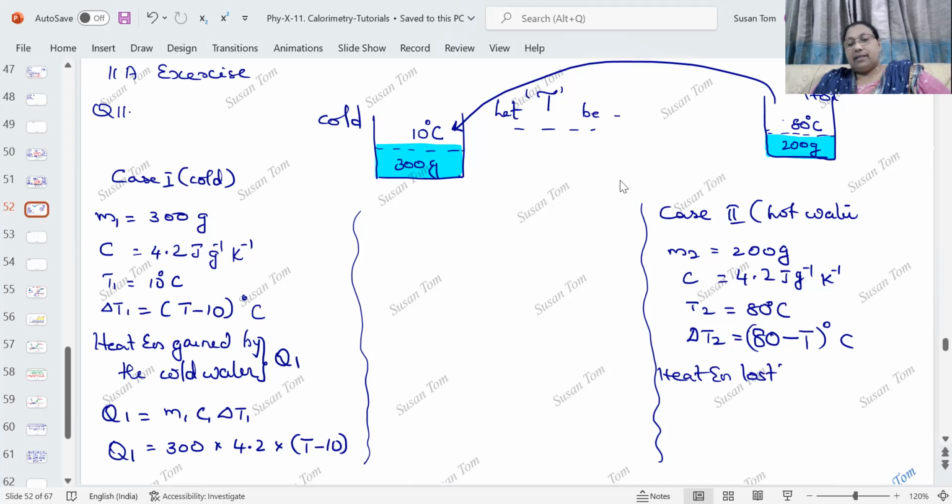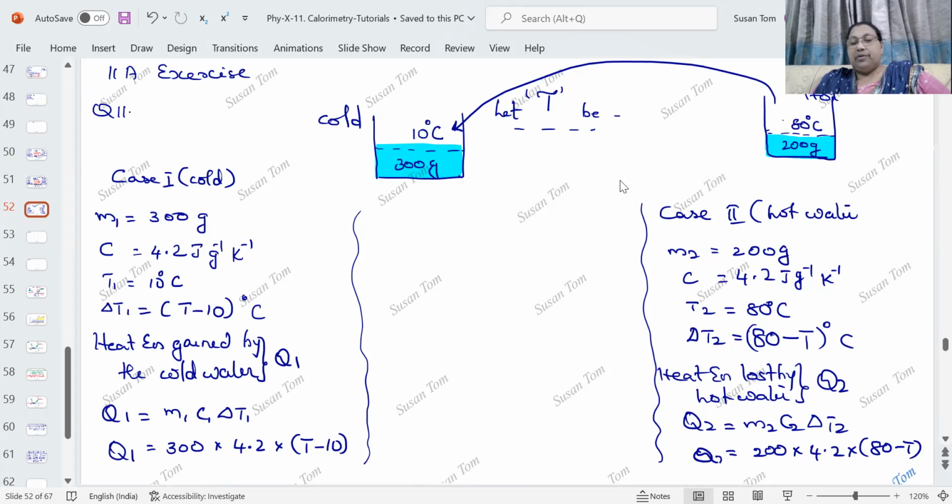So heat energy lost by hot water, Q2. Q2 is equal to M2 C2 delta T2. Substitute, mass is 200, 4.2, this is 80 minus capital T. This is your Q2, which is equation number 2.